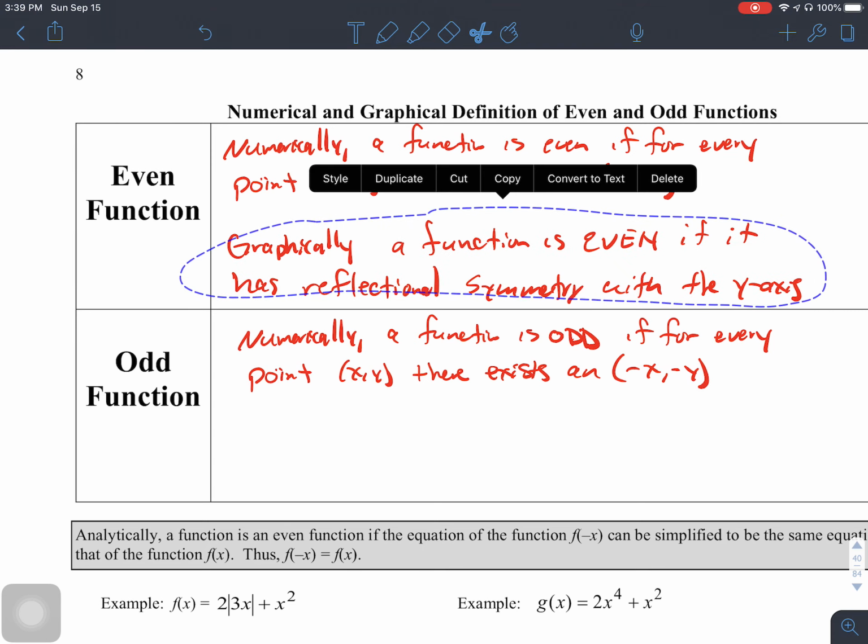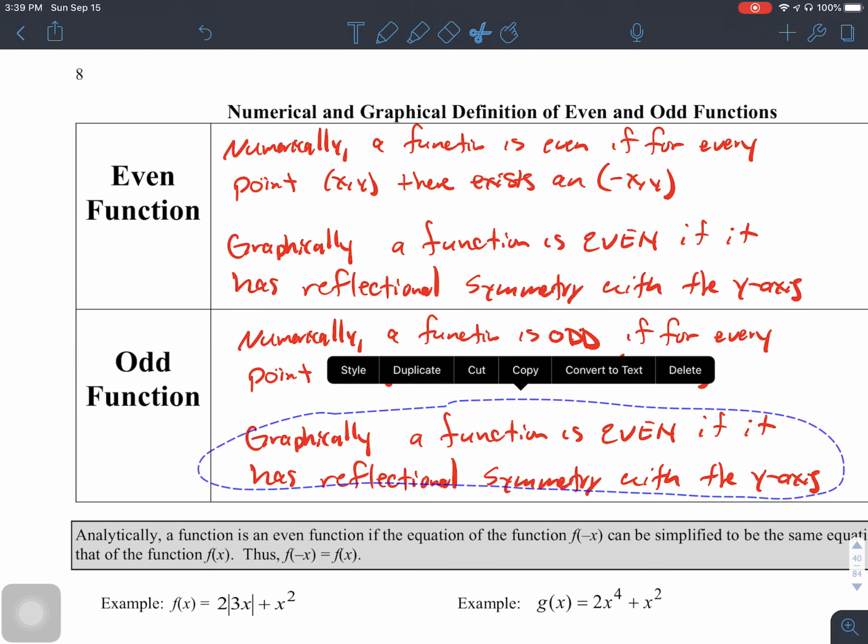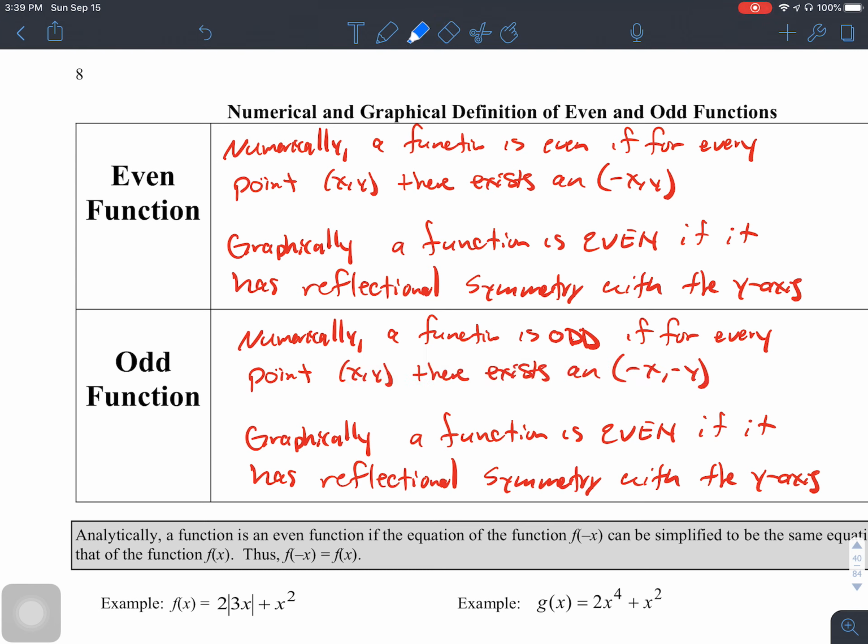Graphically, a function is odd if it has rotational symmetry with the origin. Pause that and then write that down, please.